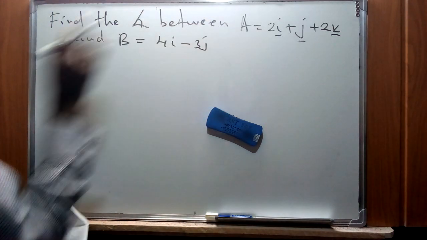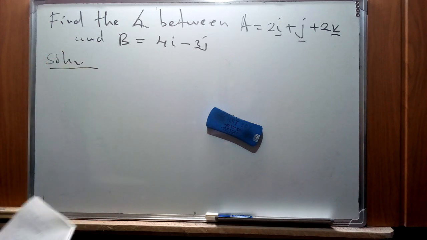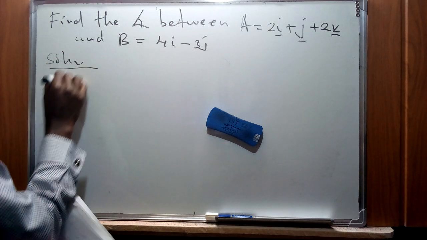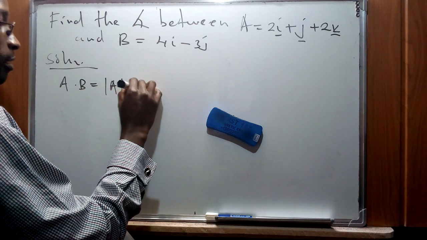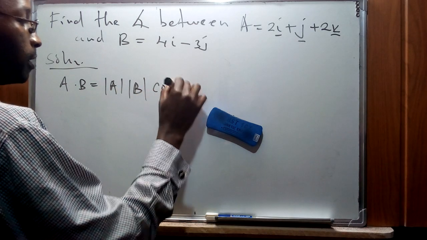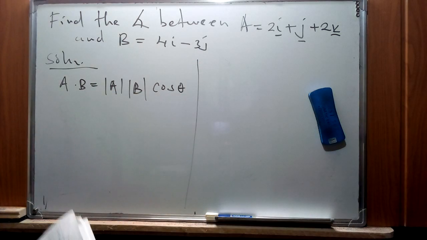For this, B does not have the k component. The solution is going to be: we know that the formula A dot B is equal to the modulus of A, the modulus of B, the cosine of theta.